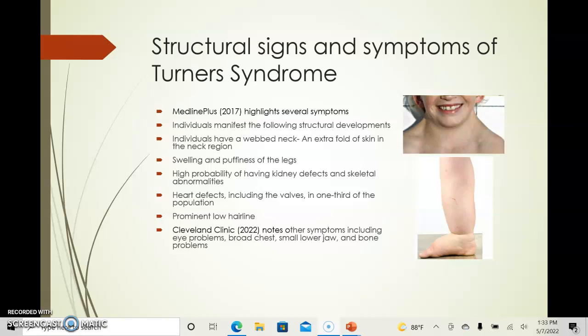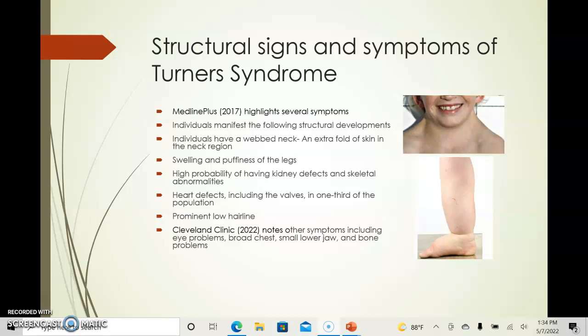Once again, they have a webbed neck, which entails an extra fold of skin in the neck region, and swelling and puffiness of the leg, portrayed in this image. Notably, they have a high probability of having kidney defects and skeletal abnormalities, and a third of the individuals have heart defects, which involve valve damage.